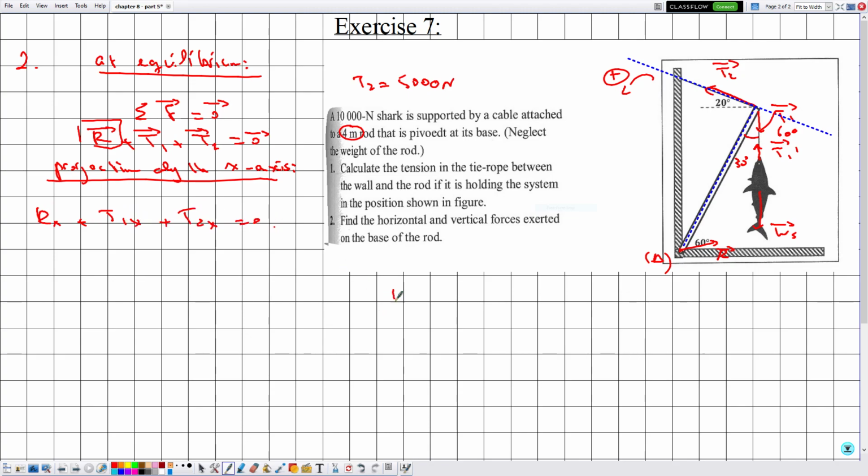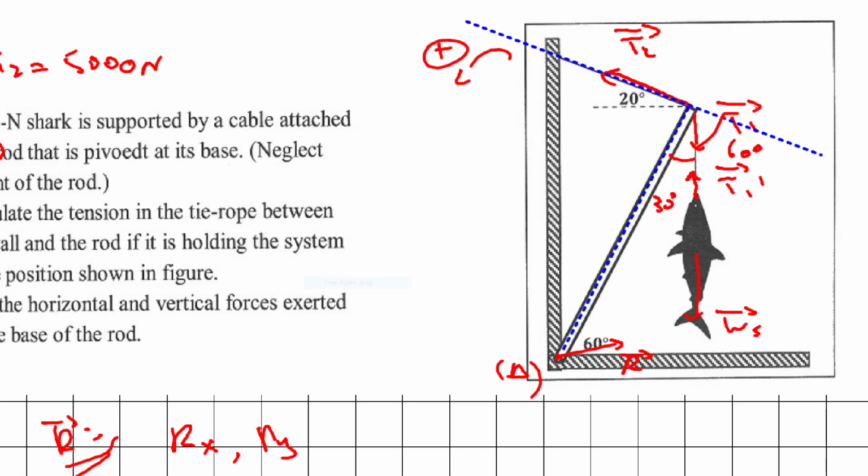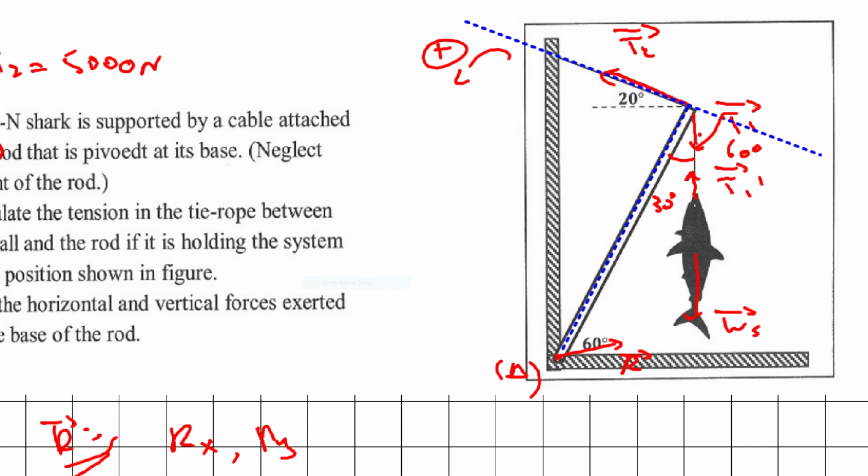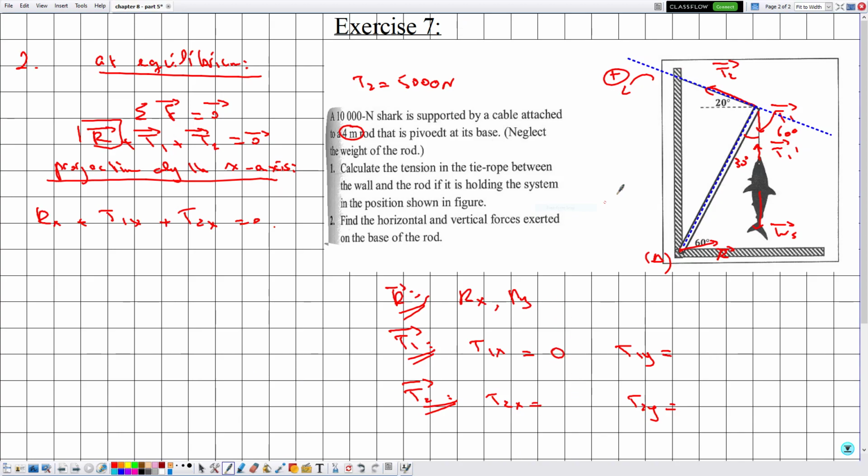Let's determine the projection of each force. Rx, no need to determine it, keeping them as unknown. T1x and T1y, T2x and T2y. Now T1x, notice that T1 is completely vertical, so this is T1 if this is the positive direction of x and this is the positive direction of y, and T1y is given by minus T1.